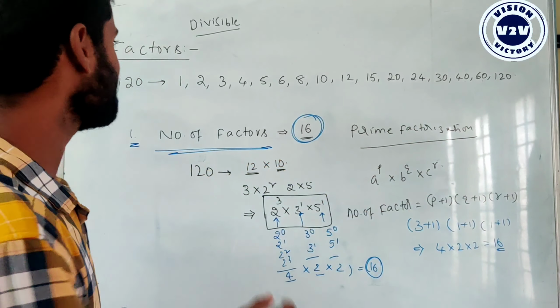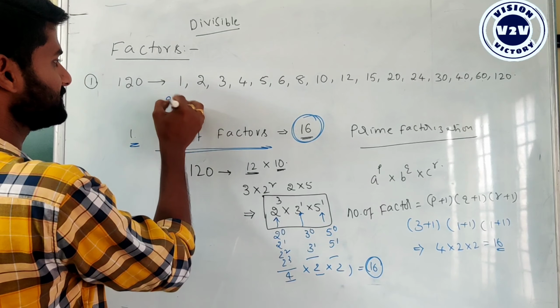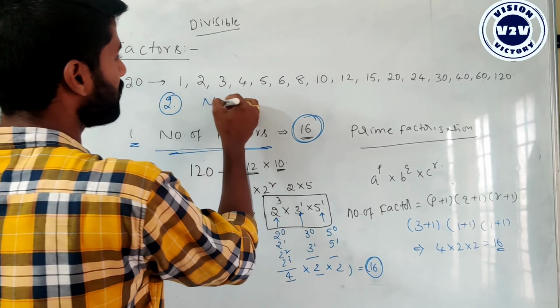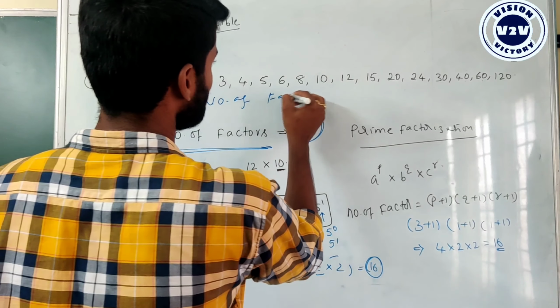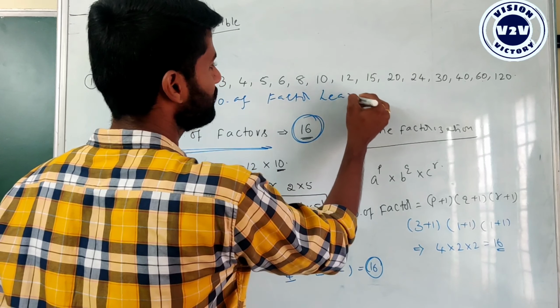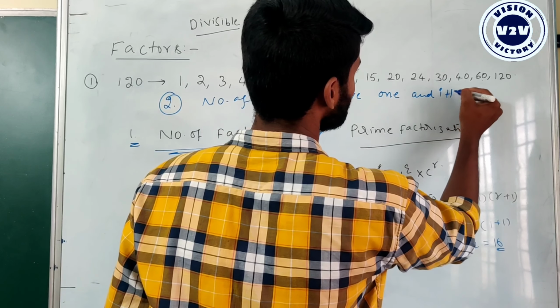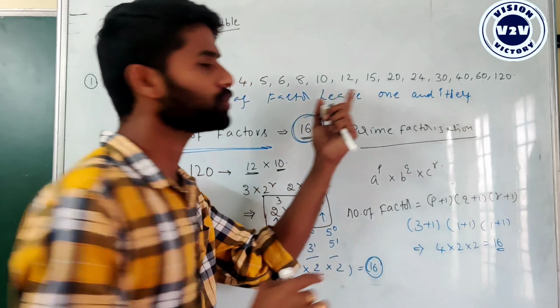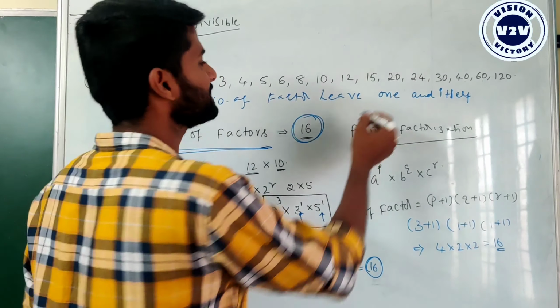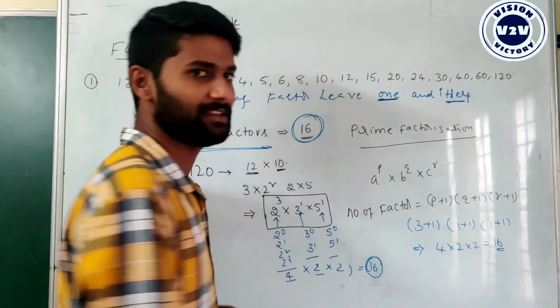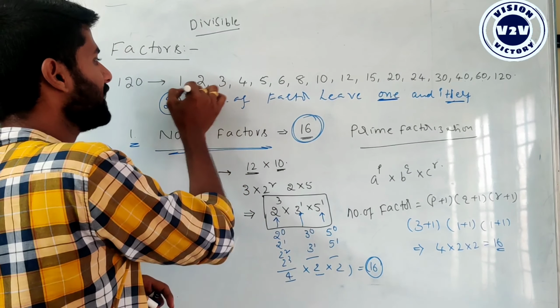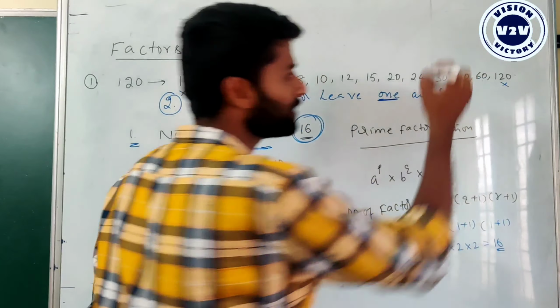Clear? Okay, same question. Sometimes they give, for example, a second question: find the number of factors leaving 1 and itself. It means we need to leave out 1 and we need to leave out 120.